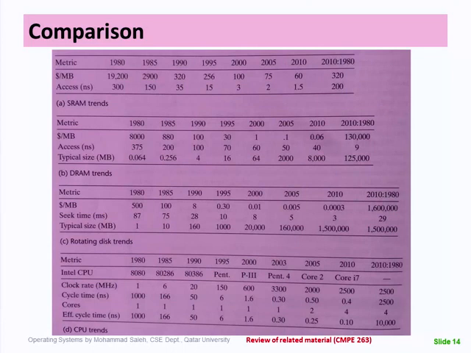It's much cheaper. How much cheaper? 320 times cheaper than it was in the 1980s. So this is what we see, the comparison of 2010 to that of the 1980s.